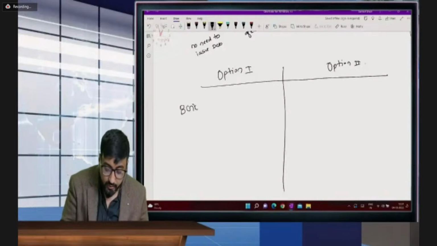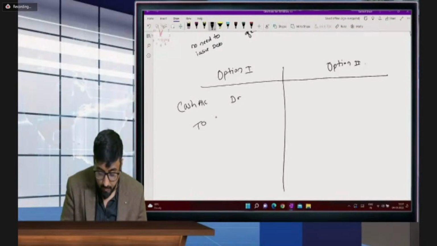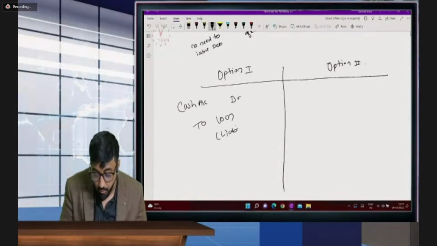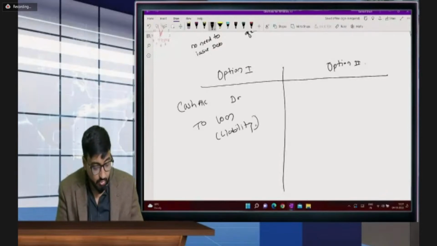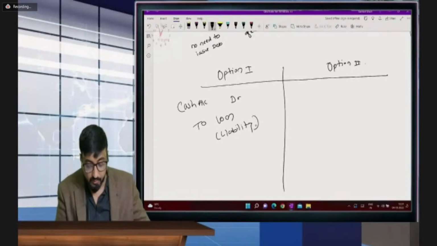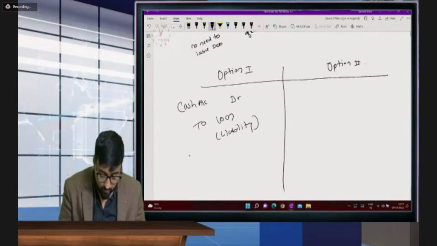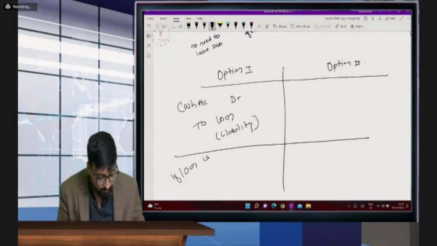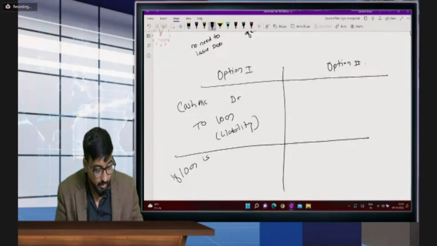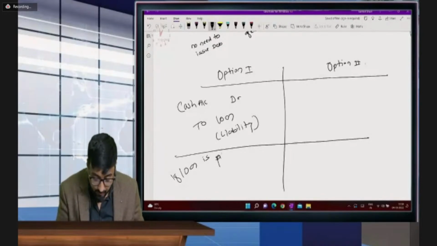Bank account debit or cash account debit. Cash account debit to loan account.